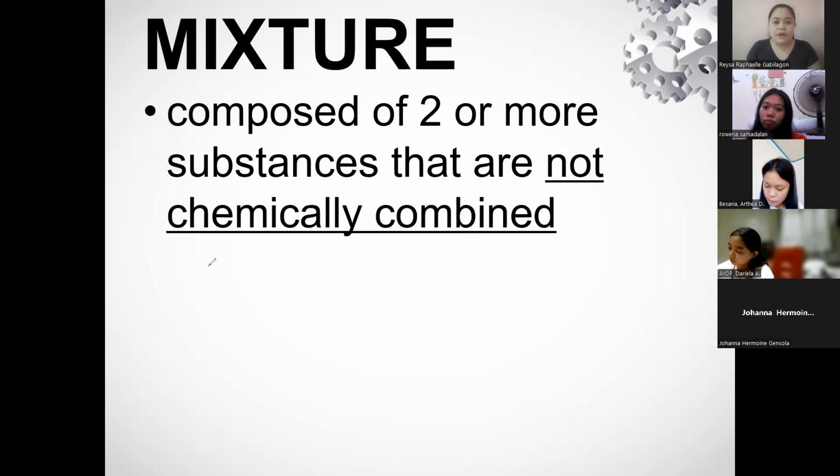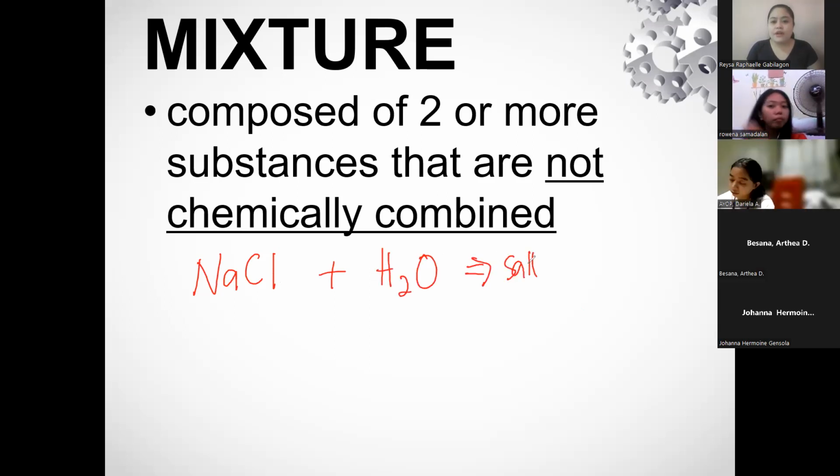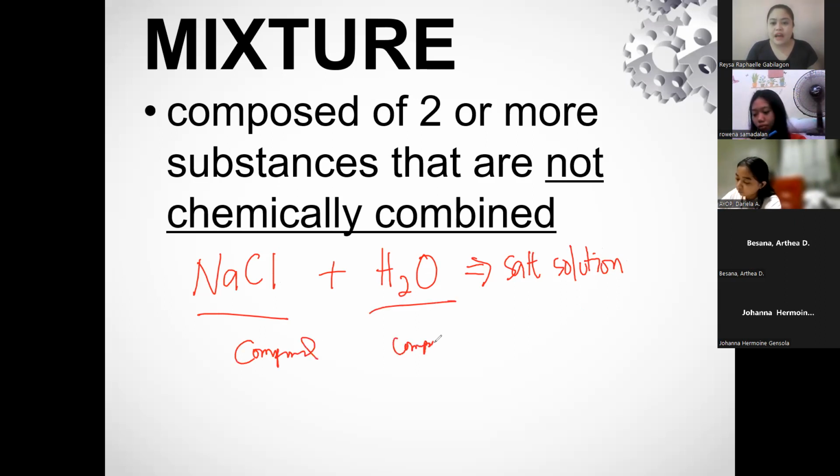The most common thing that we do for mixture, for example, pinaghahalo natin si sodium chloride and si water, forming our salt solution. This is an example of a mixture class. As you can see, we have one compound here and combined siya with another compound.